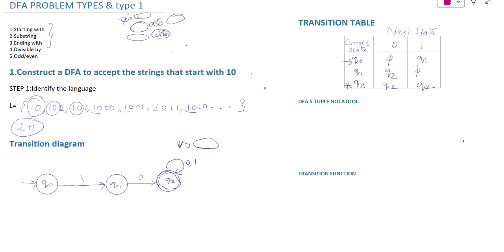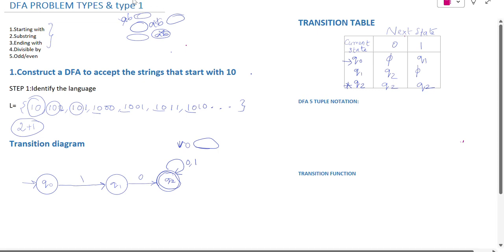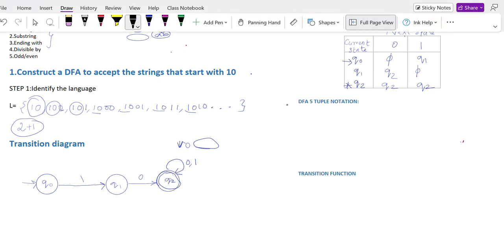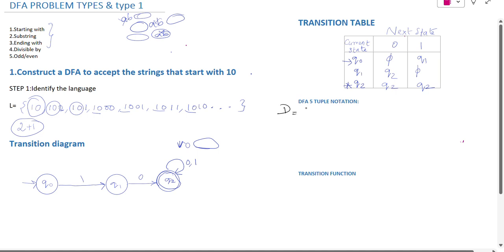Now we'll move on to the tuple notation. The tuple notation of the DFA is given by D is equal to (Q, Σ, δ, Q0, F). Now represent D in the 5-tuple notation.